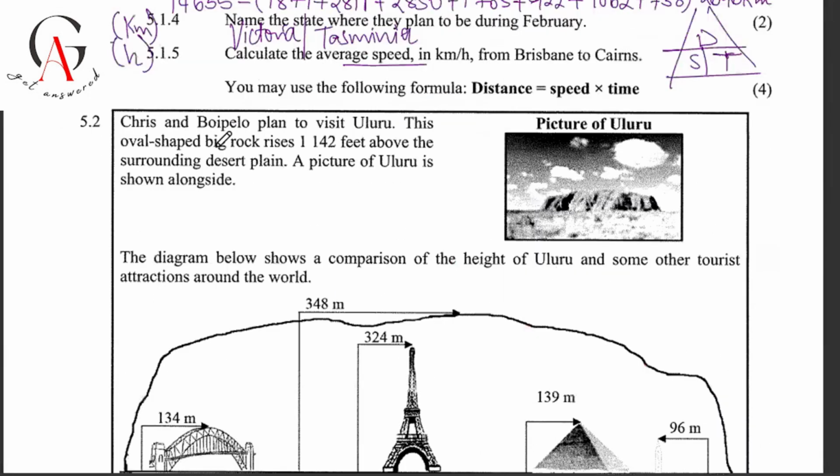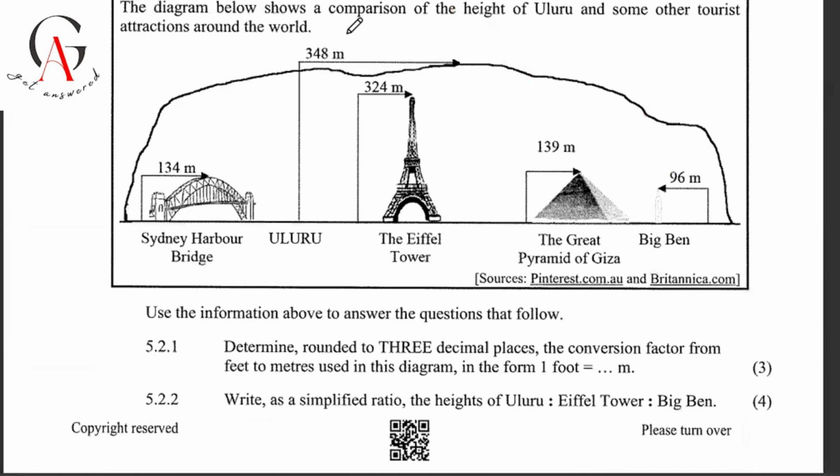We come here and we say, Chris and I plan to visit Uluru. This is an oval-shaped big rock. It rises 1,142 feet above the surrounding desert plain. A picture of Uluru is shown alongside. That's how it looks, the diagram below.